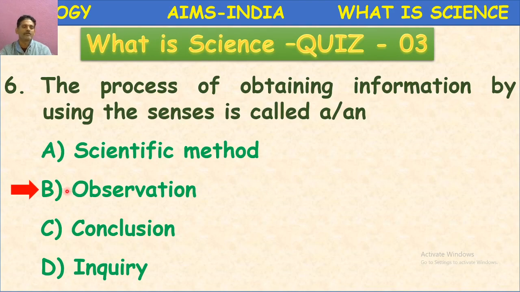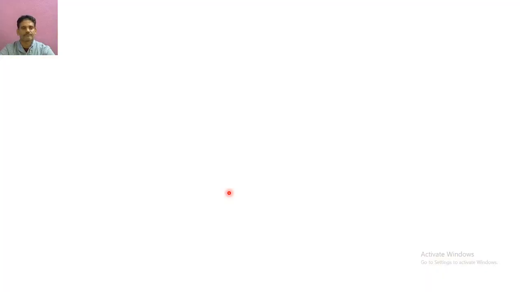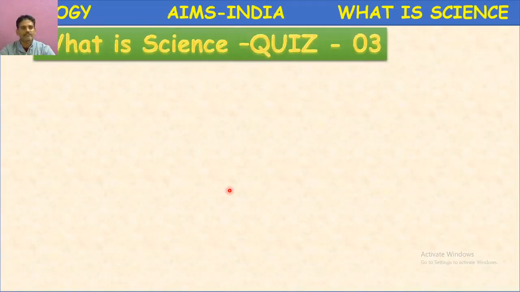B. Observation helps in obtaining the information. Information is wealth. Gathering information, then only you can start anything. Next.